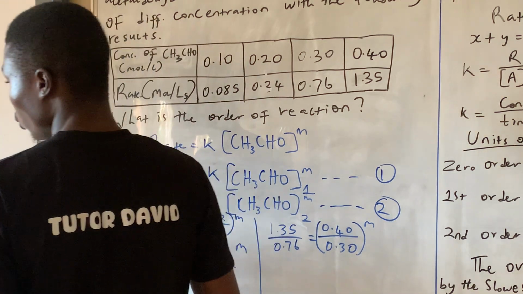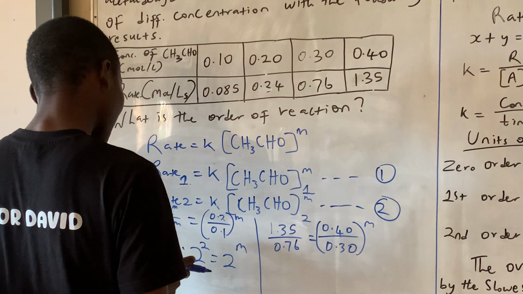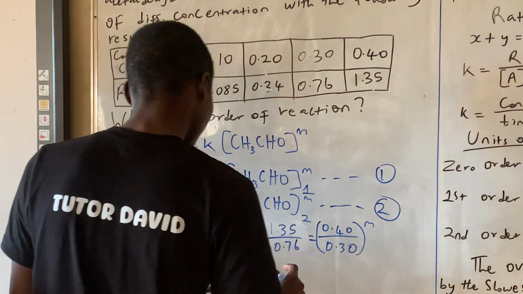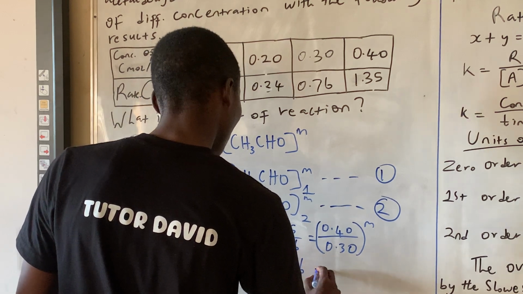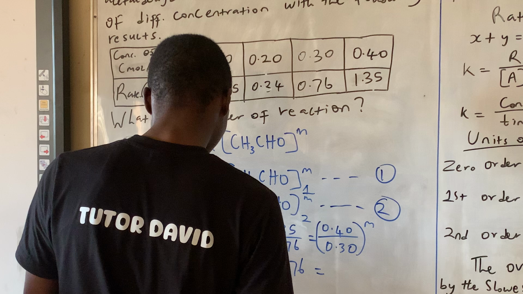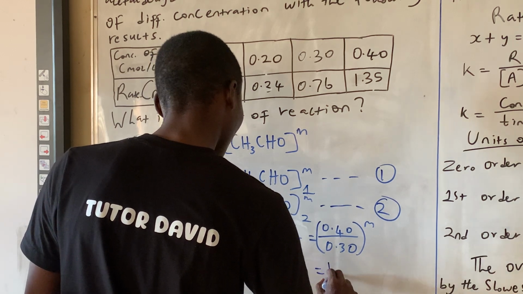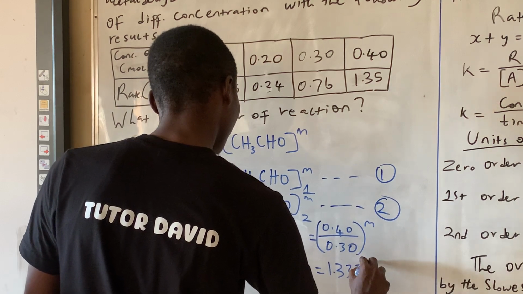So when you get to do that, it is going to give you 1.35 divided by 0.76, which gives 1.776, equal to 0.4 divided by 0.3, which gives 1.333 raised to the power of m.